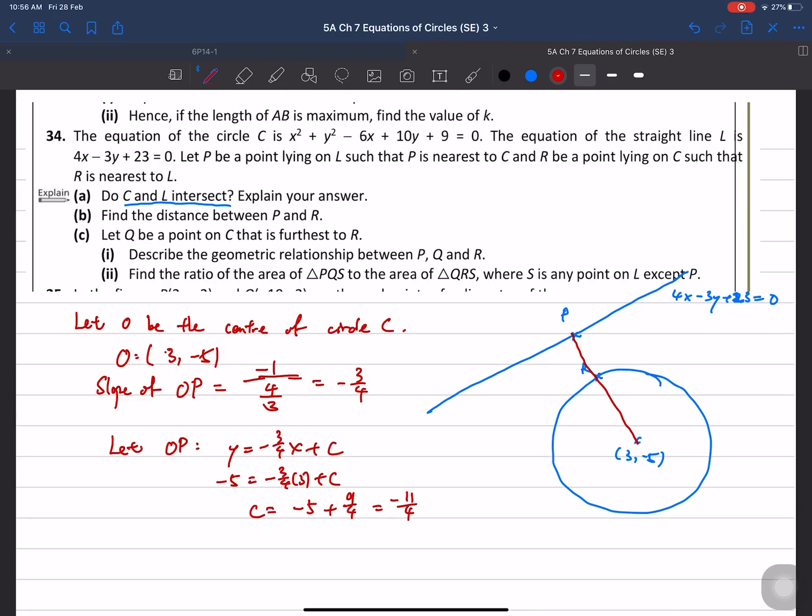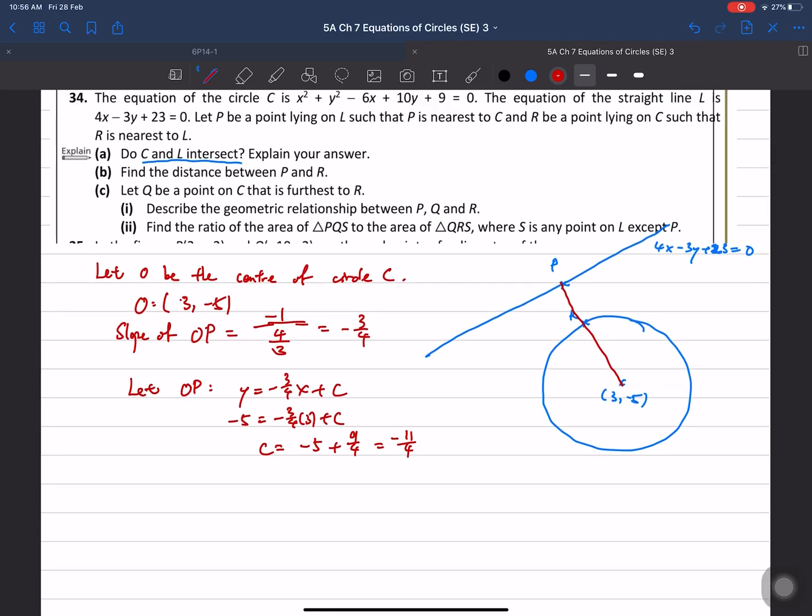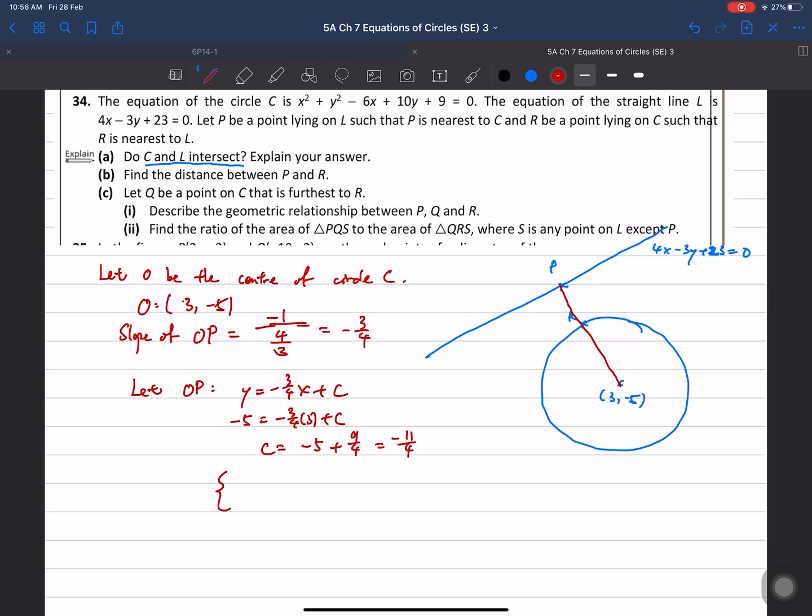After that, you can solve these two equations: 4x minus 3y plus 23 equals 0, and y equals negative 3 over 4 x minus 11 over 4. So the coordinates of point P are (-5, 1).